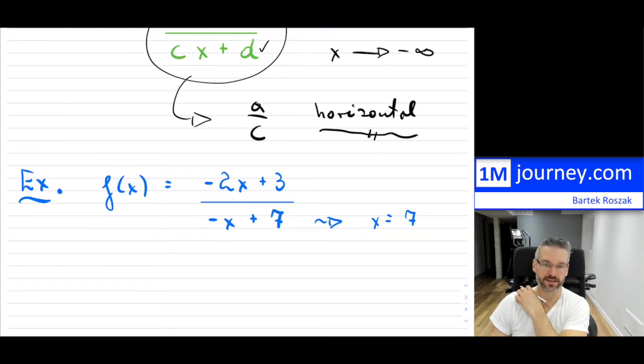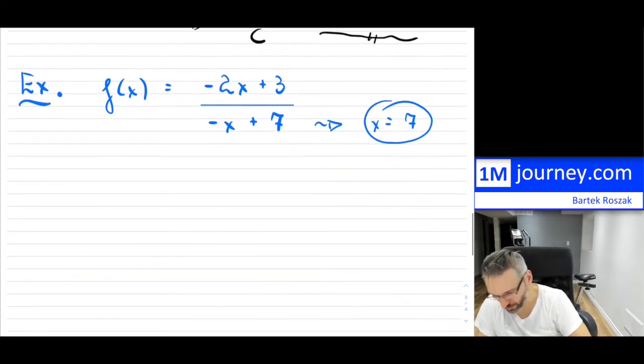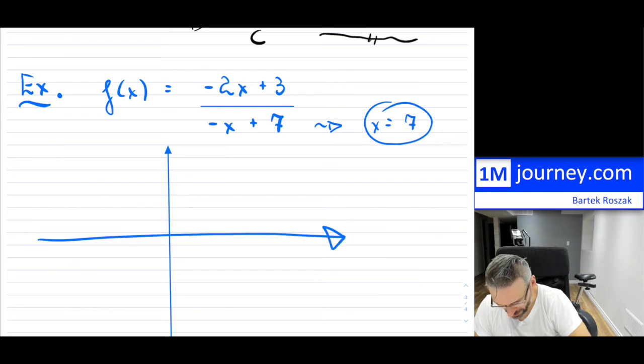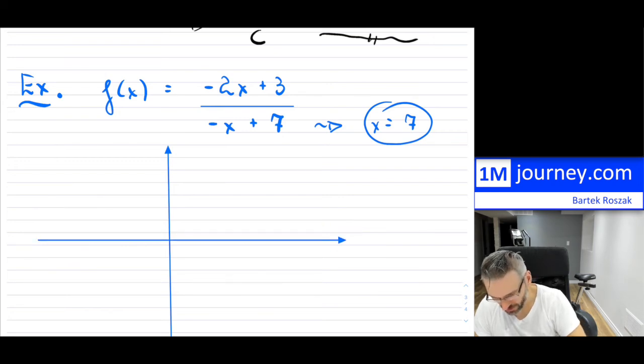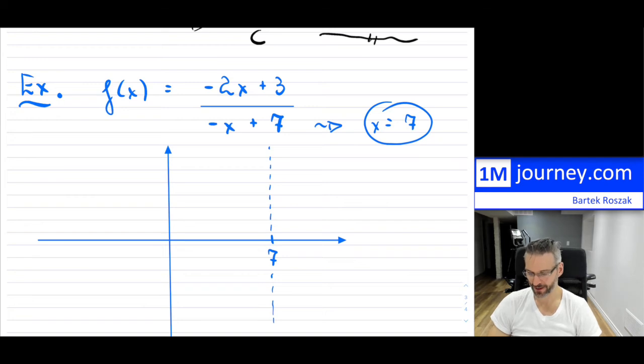So clearly it's not 0, so I do have a vertical asymptote here. So I'm going to try to sketch it for you, just so that we can see what happens. So this is x is equal to 7, so we know we have a vertical asymptote there.